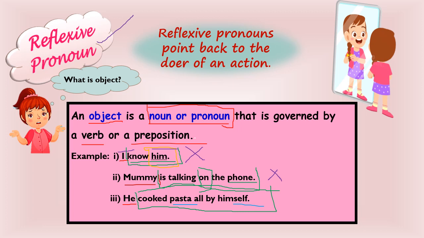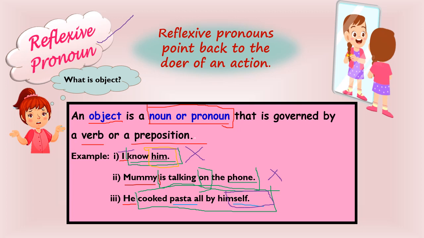Now children, what is here? Pasta and himself are objects here. Now tell me, what is the pronoun here, children? This himself is a pronoun. Are he and himself the same person?